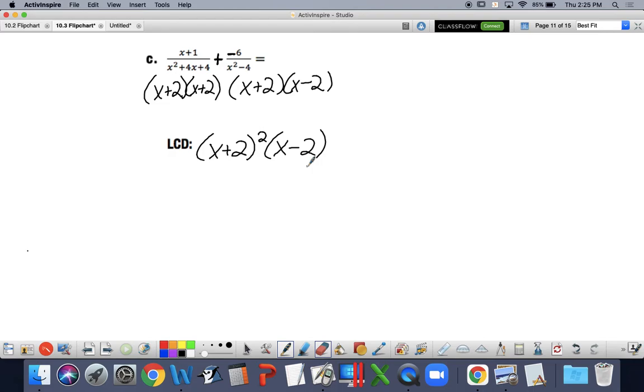I'm trying to make sure I go slowly, but if I'm going too fast, please stop me. Or if you have questions, please stop me. All right, this first fraction here is missing an x minus 2. So that must be what I multiply by. So I have x plus 1 and x minus 2.